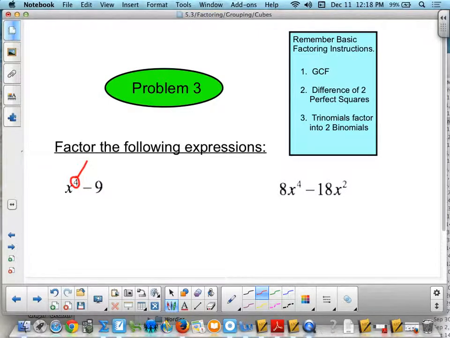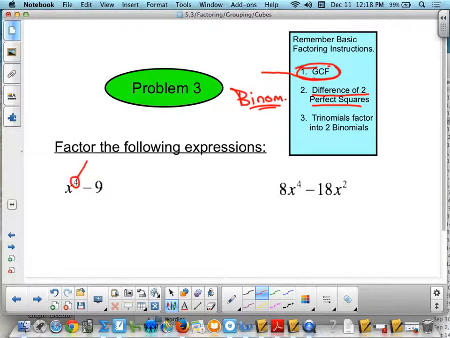Okay. Pay attention. Now, this is nothing more than what you already know how to do. And what you know how to do is when I factor, I will take out what? The GCF first. Then, if I can't, is it a binomial? If it's a binomial, is it the difference of two perfect squares?